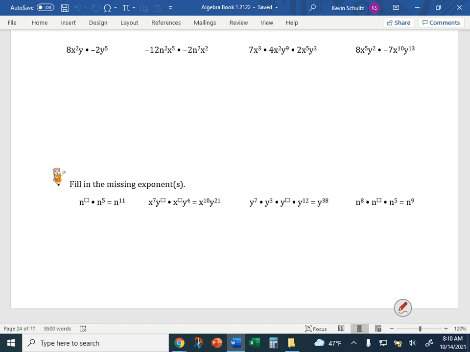Subtract 4. So yes, this would be n to the negative 4th power. Beckman brought up earlier about subtracting when you've got negatives. It doesn't happen with a negative coefficient. It would happen if you've got a negative exponent. 8 minus 4 is 4, plus 5 gives us 9. Okay? So negative exponents do exist, and that is a situation when you'd have one.